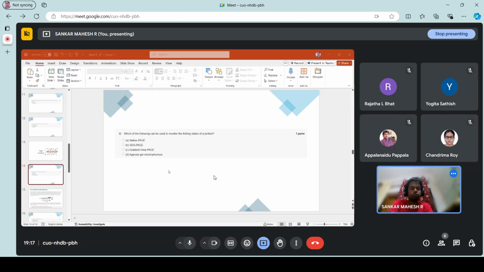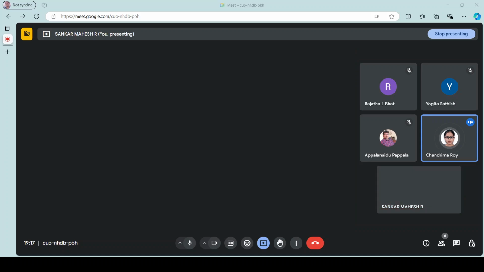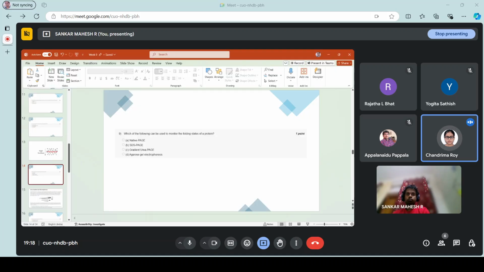Do you know about it, Chandrima? In gradient urea PAGE, it is similar to PAGE, the gel is a polyacrylamide gel, and at different lanes they are giving a concentration of urea from 0 to 8 molar to study protein folding and unfolding.